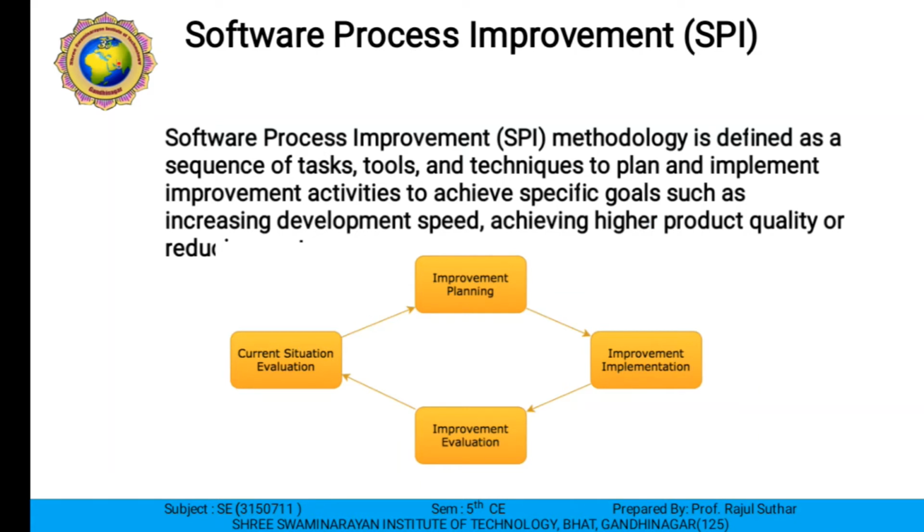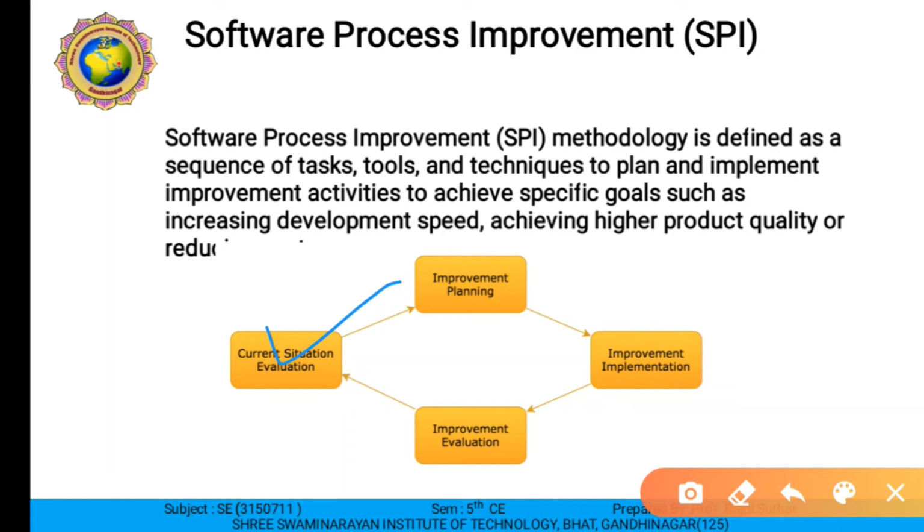Improvement planning. First one, current situation evaluation. This is the initial phase of the process, mainly to assess the current situation of the software process by eliciting requirements from the stakeholders, analyzing the current deliverables and identifying inefficiencies in the software process.